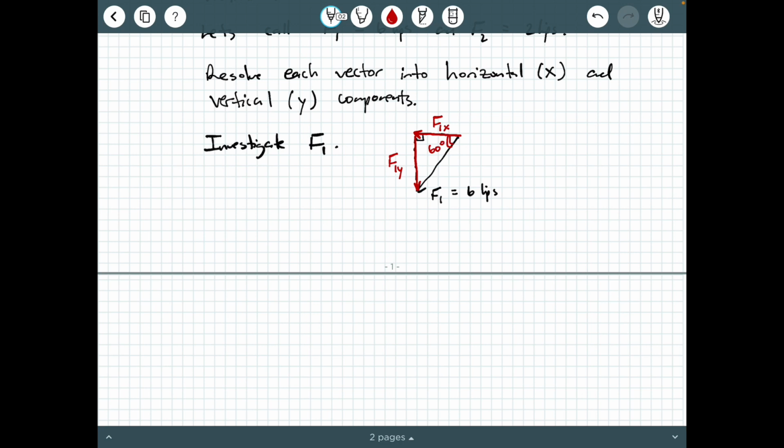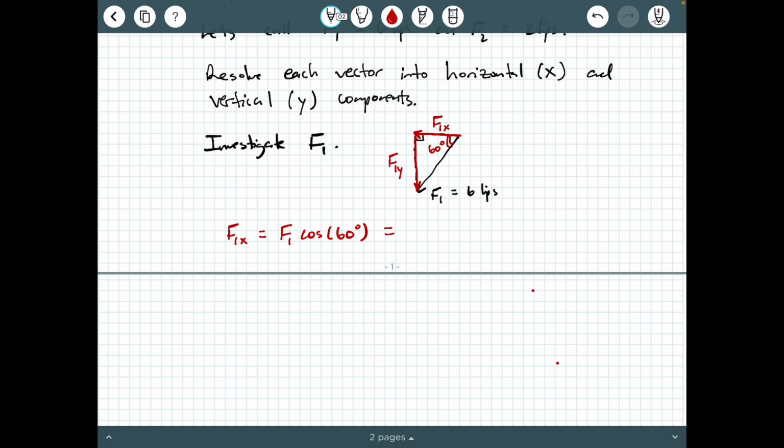All right, so how do we get these two components, F1x? Well, if you remember, look back in your notes, F1x is going to be F1 times what? Times the cosine of this 60 degrees. Notice it's because the 60 degrees is being referenced from a horizontal axis here, okay?